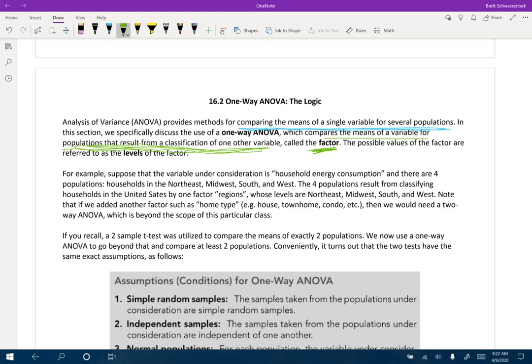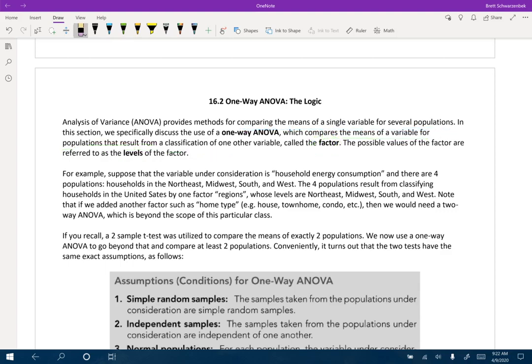So we're only going to be doing one other variable. Now note that the factor variable, whatever the factor is, can be broken down into levels. That's not super important. That's just like a vocab word, but that's essentially what we're going to be concentrating on.